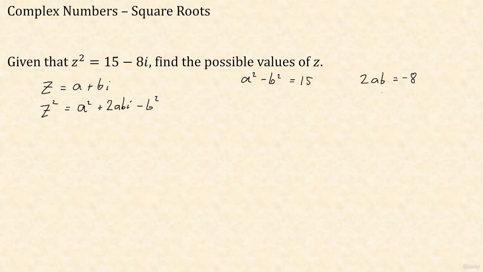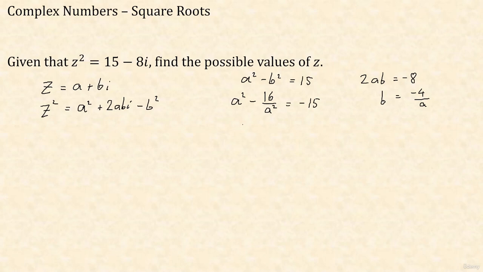Doing the same rearrangement, I get that b is minus 4 over a. If I sub that into here, I get a squared minus b squared, where b squared is going to be 16 over a squared, and that is equal to 15.